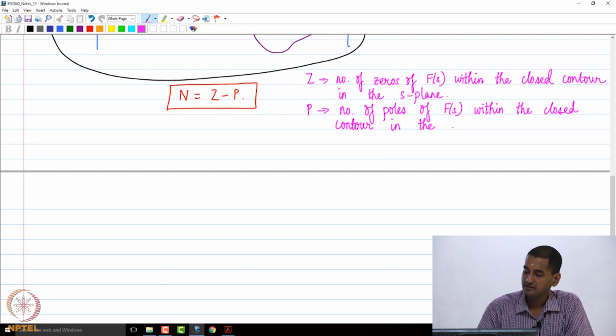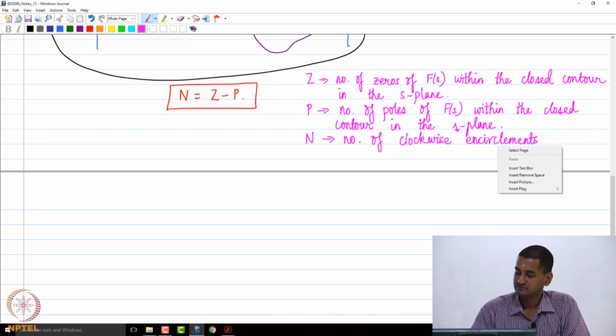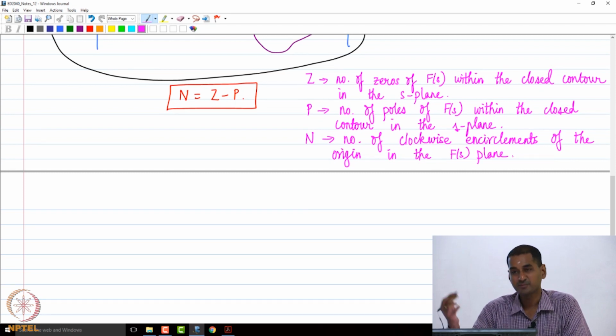That is P. So N is the number of clockwise encirclements of the origin in the f of s plane by the corresponding contour.